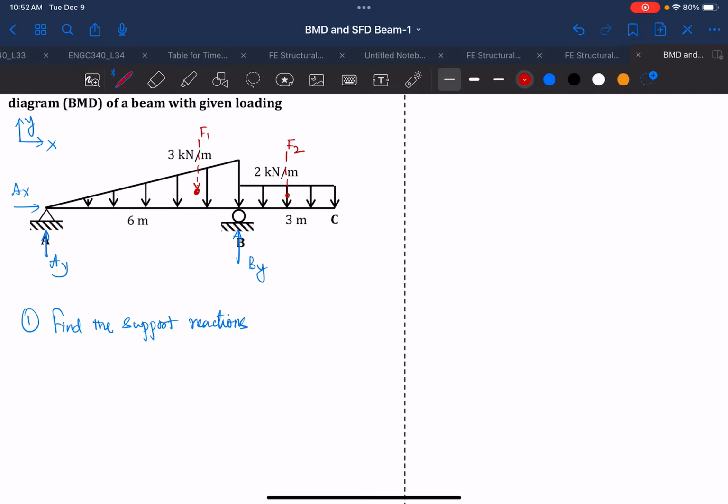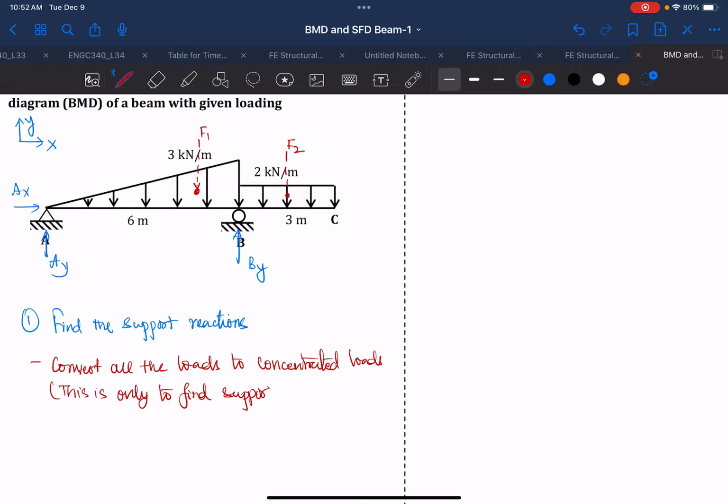Okay. So the first thing to do is to convert all the loads to concentrated loads. This is only to find the support reaction.